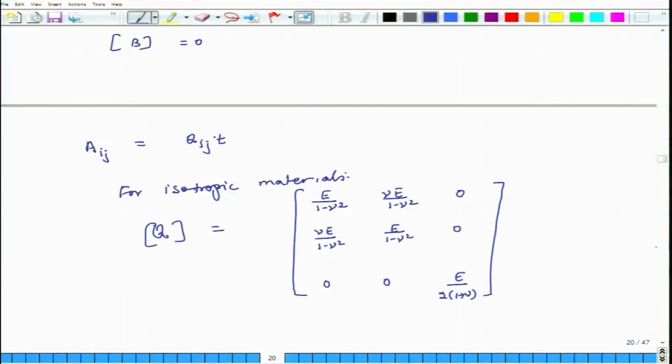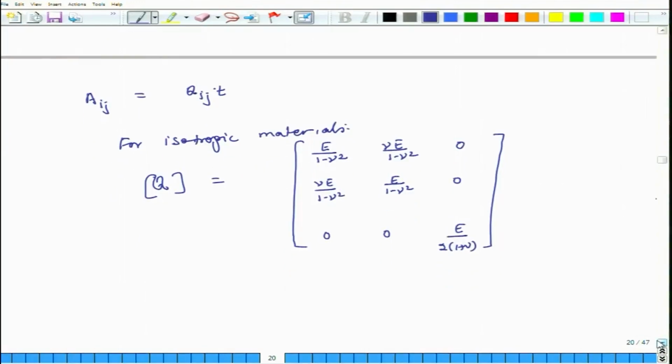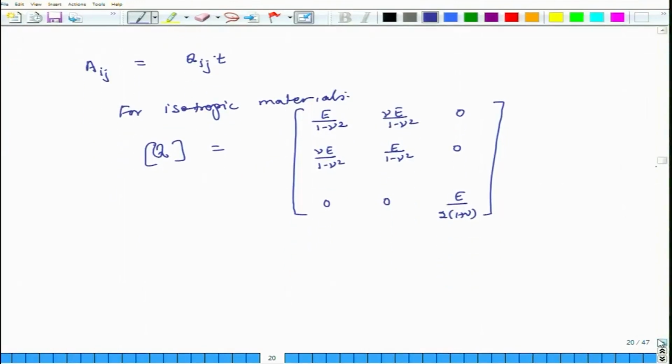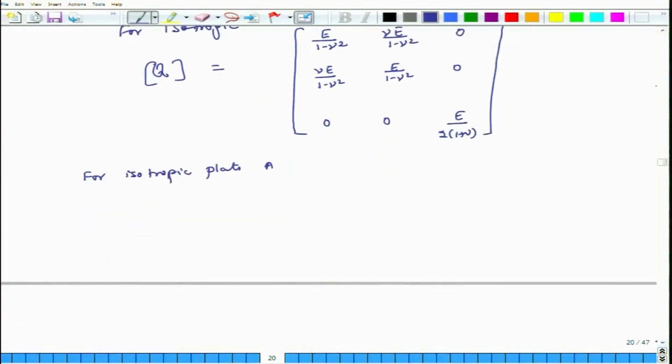So, this is how the Q matrix looks for an isotropic material, and we can use these elements to compute elements of the A matrix for an isotropic plate. So, for isotropic plate, A is nothing but we just multiply this by the thickness, which is T. So, I will just write it down.